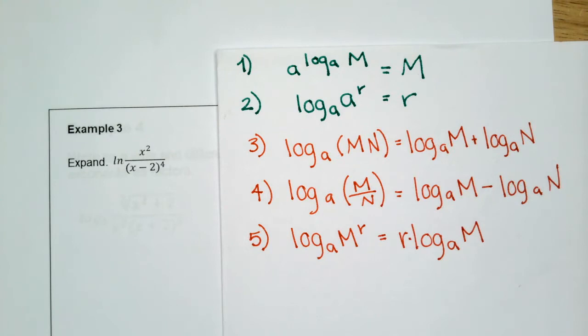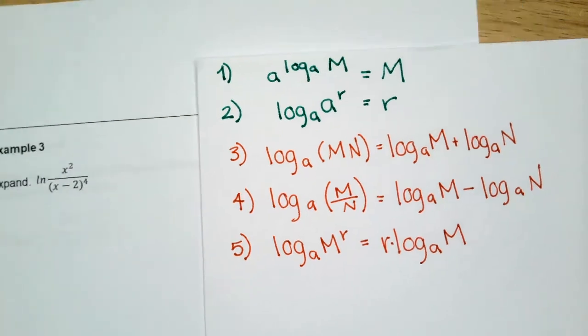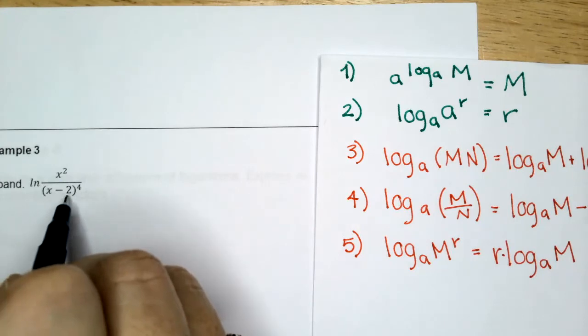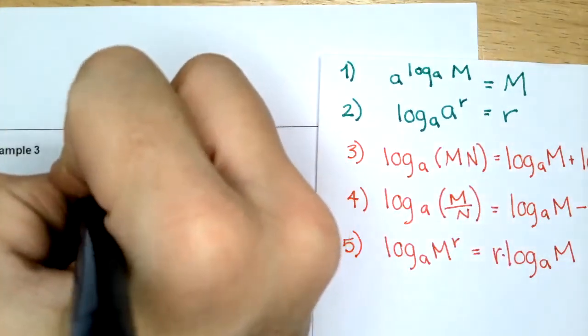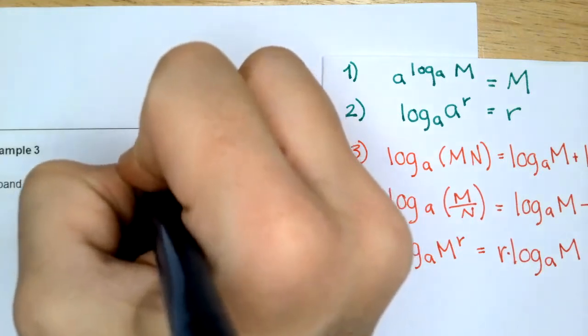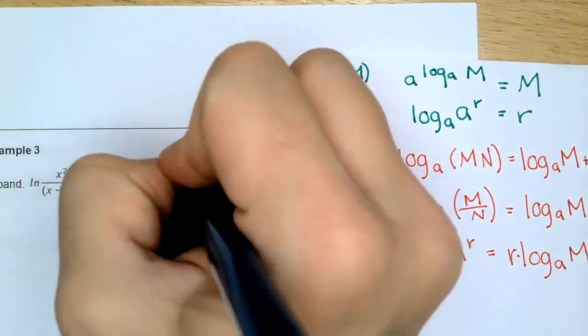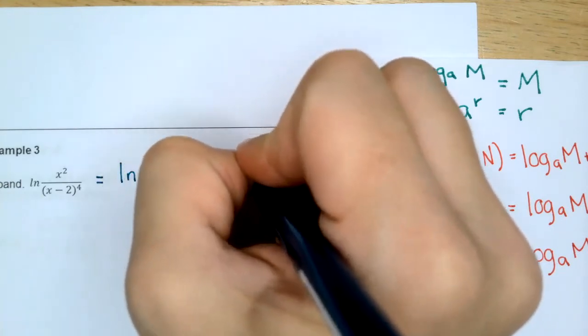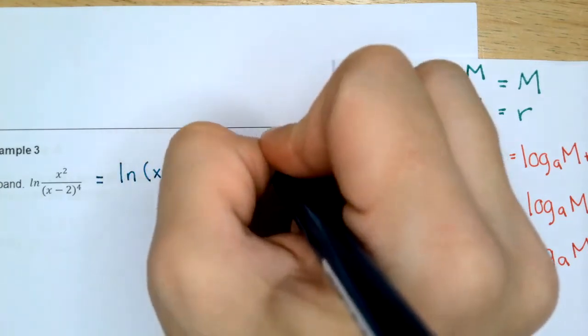Log of the numerator minus the log of the denominator. So I'm going to do that first. Natural log of x squared over x minus 2 to the 4th becomes the natural log of x squared minus the natural log of x minus 2 to the 4th.